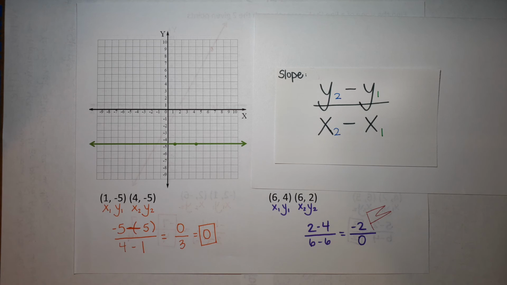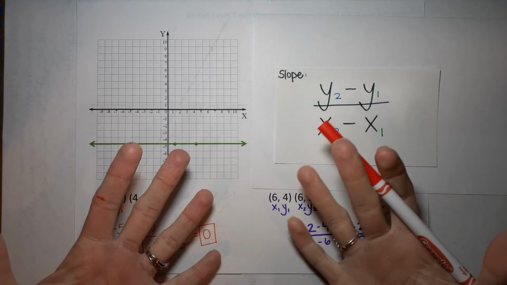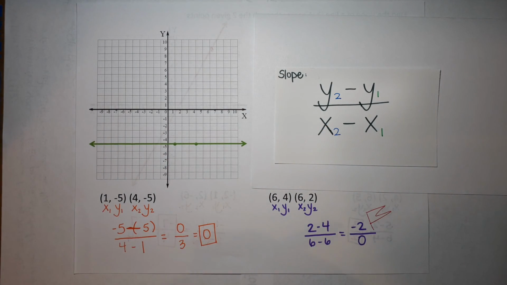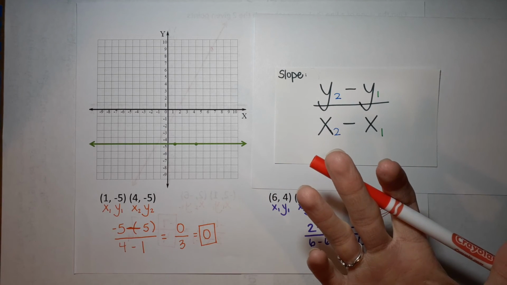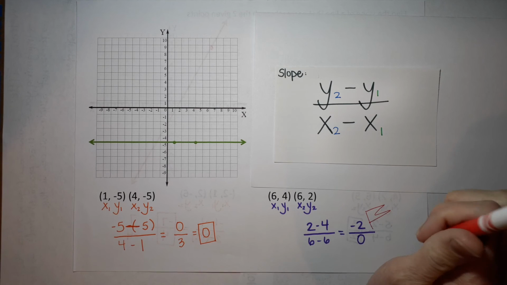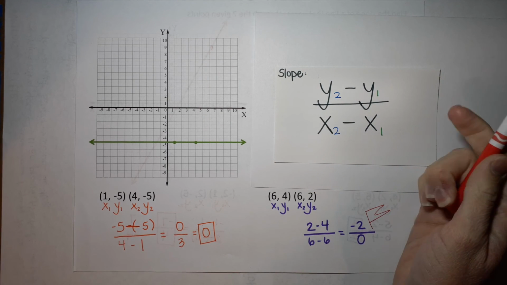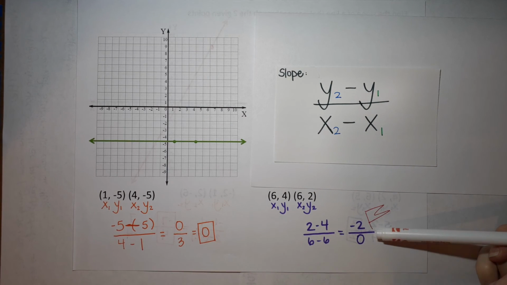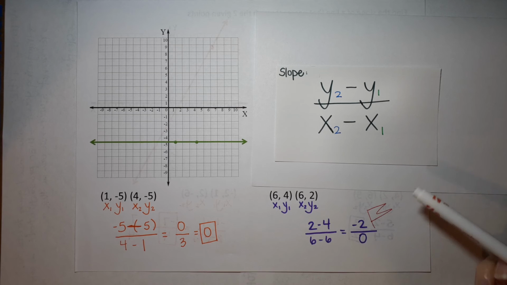It's like you have 5 dog bones and no dogs. How many bones does each dog get? And you're like, I don't have any dogs. You can't divide by 0. You can try plugging it into your calculator and your calculator will give you something like, I can't do this.